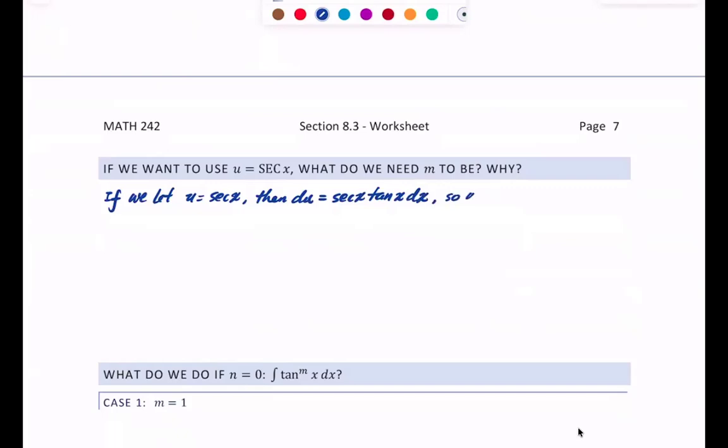So we need one tangent to go with the x. So if you just have exactly one tangent, it works out perfect.